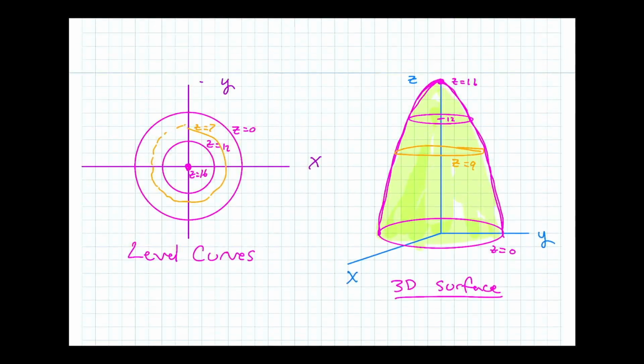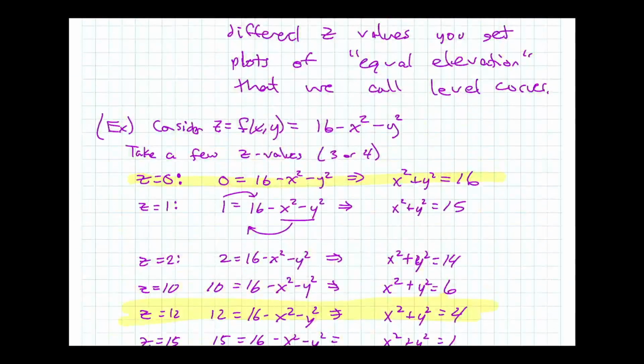And hopefully this looked familiar, because we did a little bit of this in the section where we talked about elliptic paraboloids and hyperboloids, cones and so on. So these are called level curves, and these are 3D surfaces. What you want to get used to is taking z equals something, simply writing your function equals that z value, and that gives you a 2D plot.